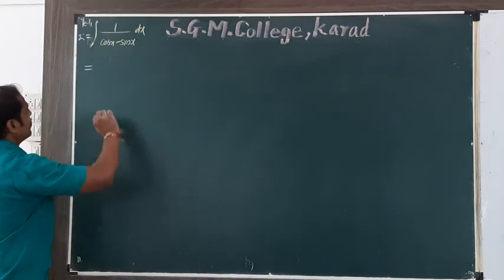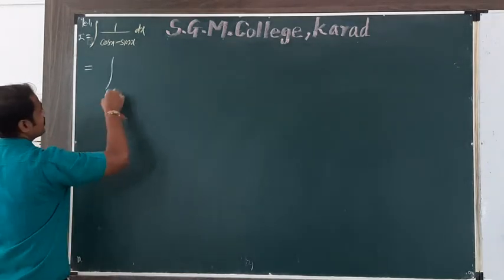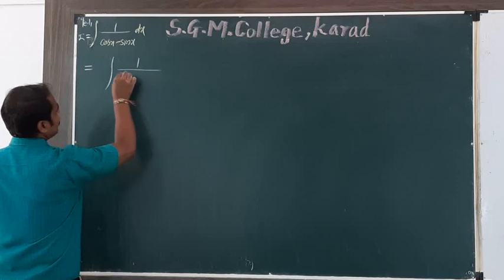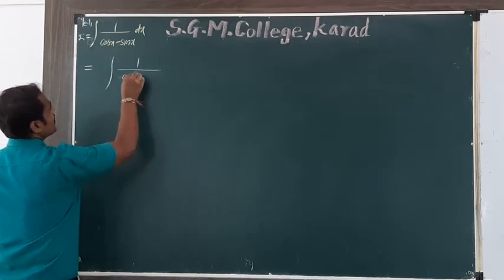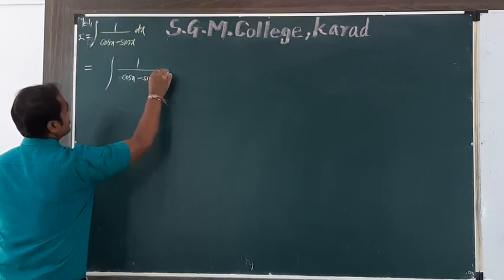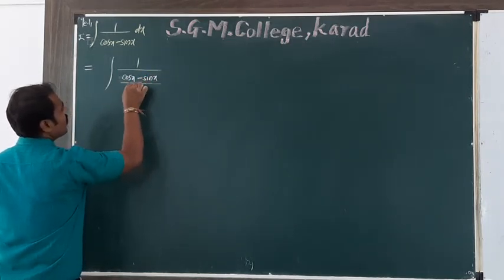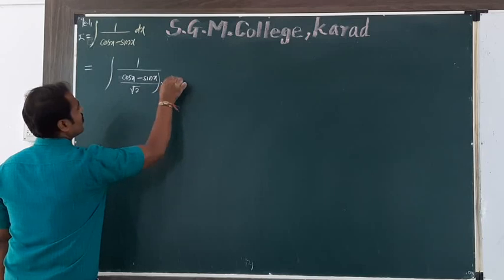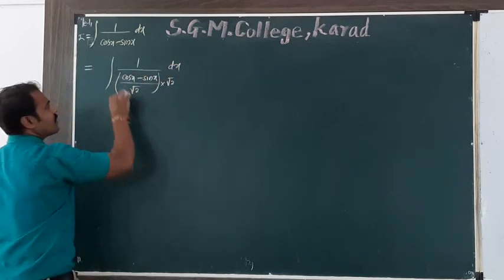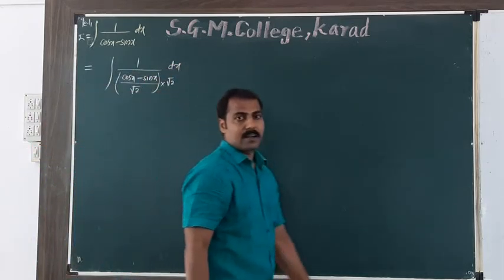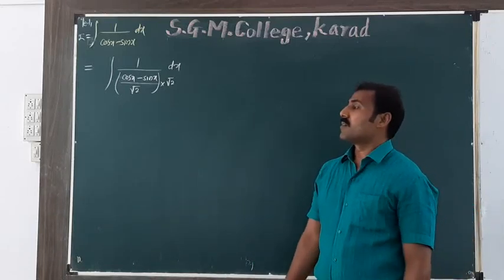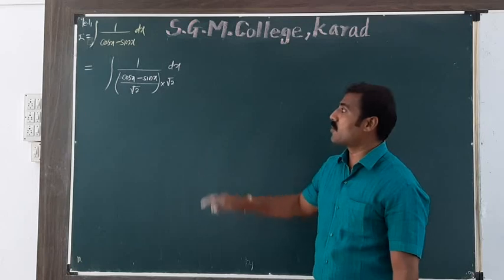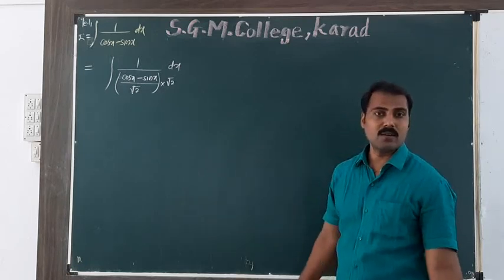This can be written as integration of 1 upon (cos x minus sin x) divided by root 2, into root 2 dx. Yes, multiplying the integrand by root 2 and dividing the denominator by root 2.